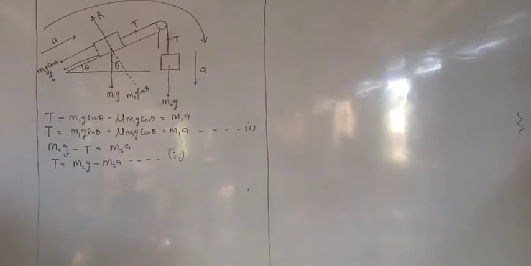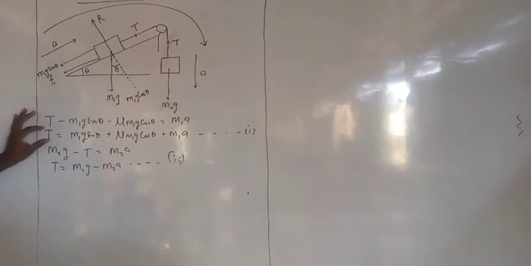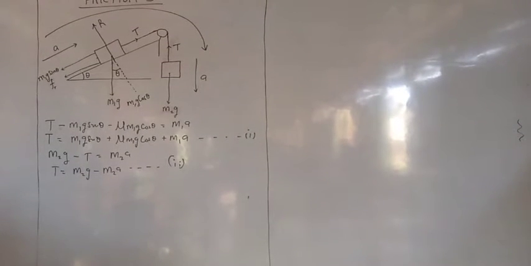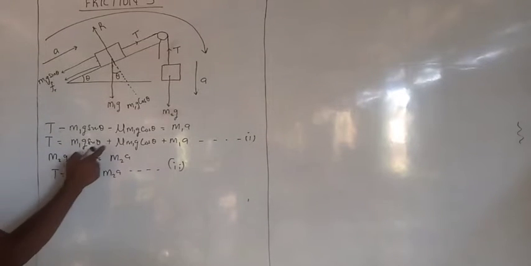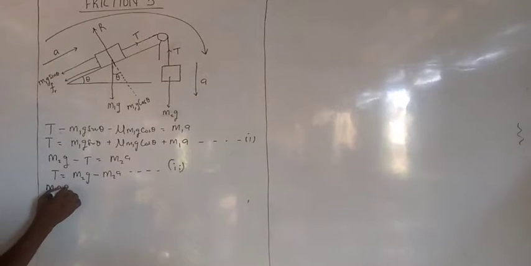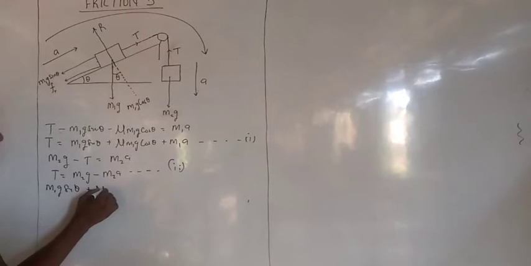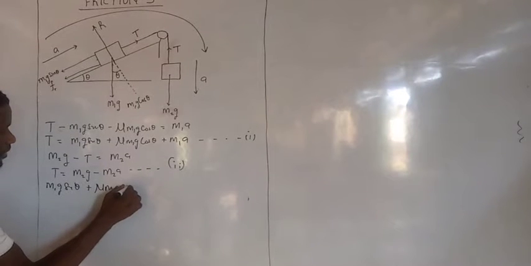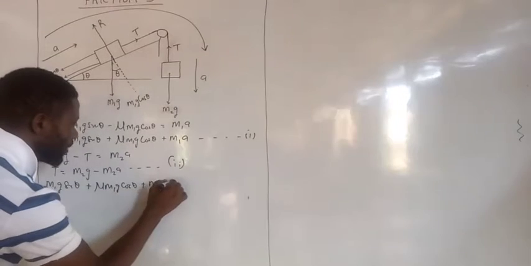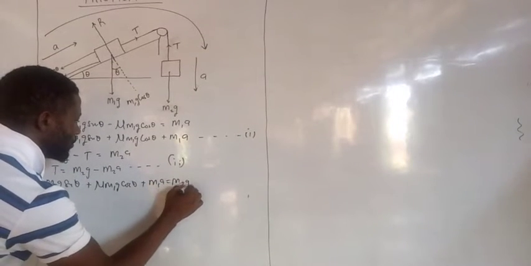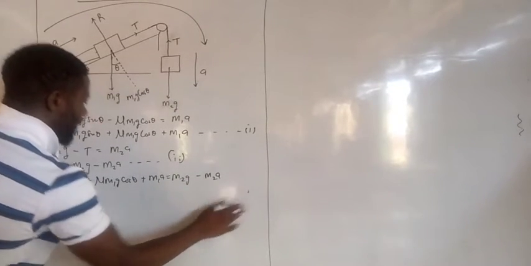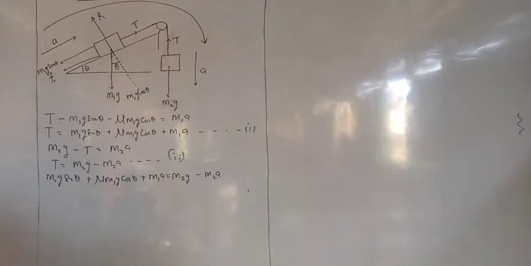So if I equate both, this is for tension and this is also for tension. So I have to equate this and this to get my acceleration. So from here now, what do I have? I have M1G sin theta plus mu M1G cos theta plus M1A is equal to M2G minus M2A. Alright?